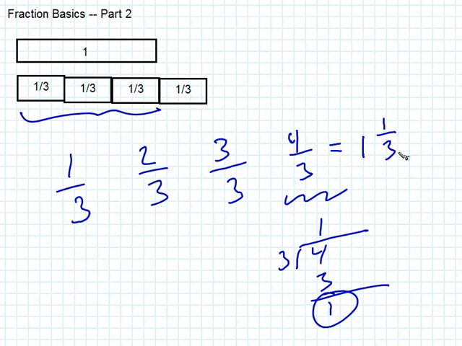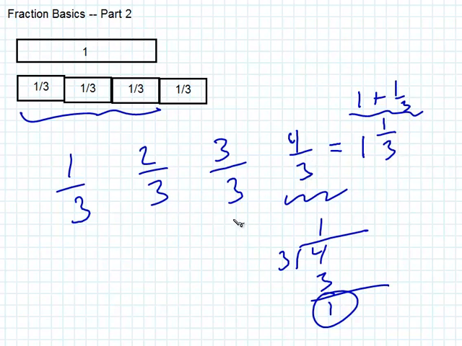I said this is sort of a mixed up kind of a number because it's actually 2 things added together, but they're just written side by side. This means 1 plus 1/3. And you just write it as 1 1/3 this way. You read it as 1 and 1/3. Think of the and as telling you there's supposed to be a plus in there. Okay, 4/3, 1 1/3, same thing.